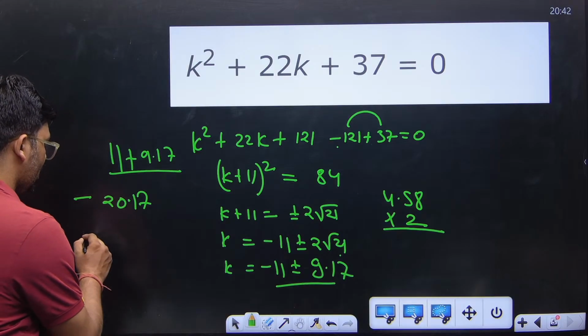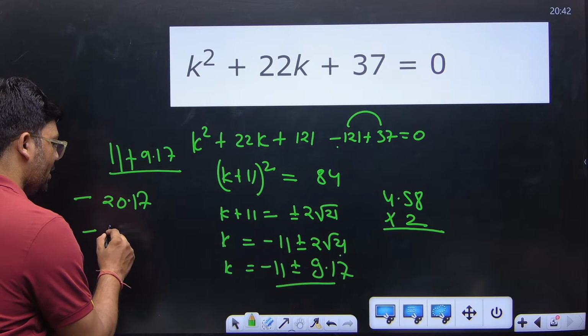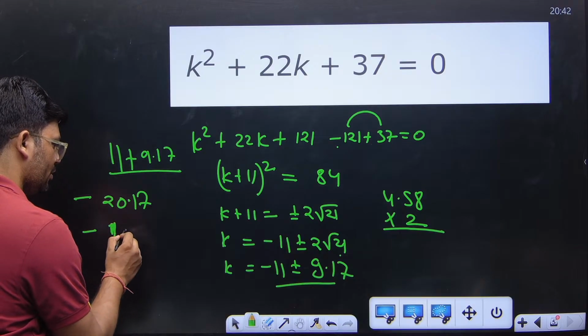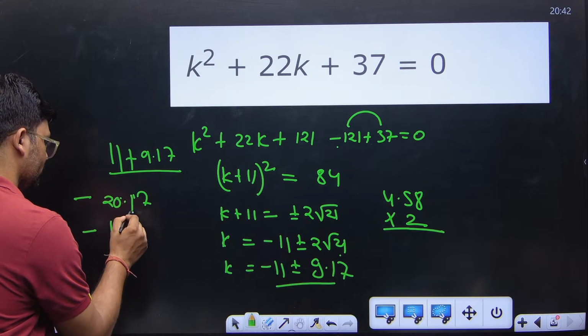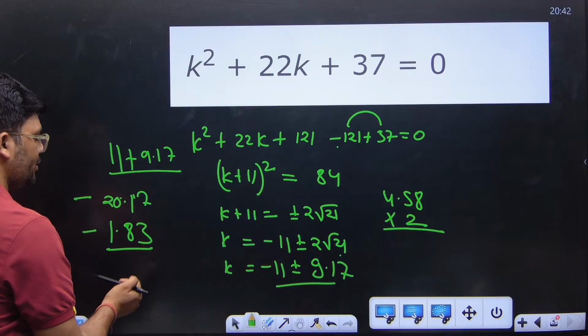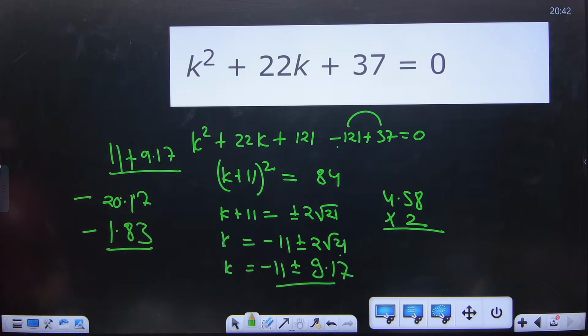And not plus 2, minus 2 only. Minus 1.83, I think. So minus 11 plus, I think it will be 1.83. It will be 20.17 and minus 1.83.